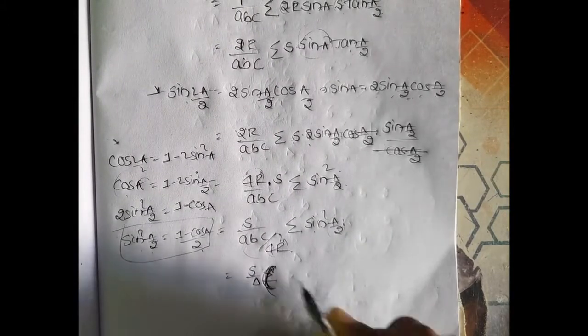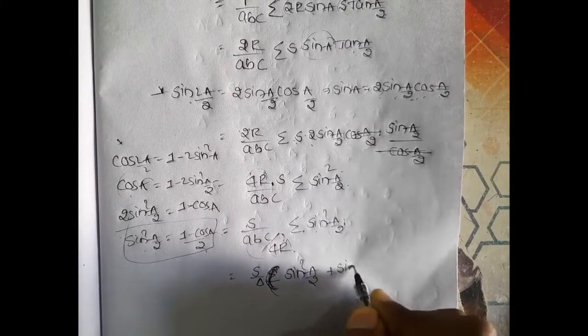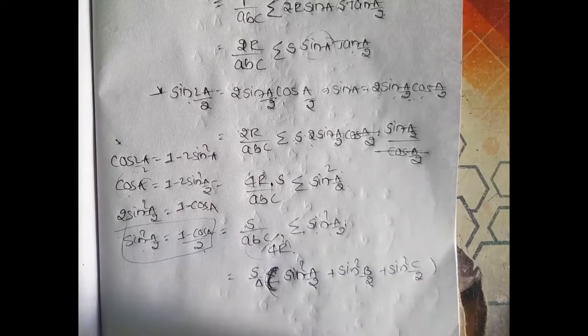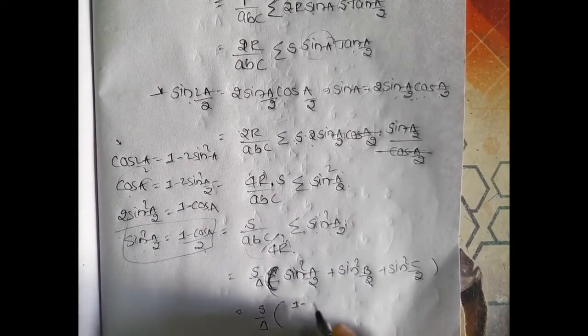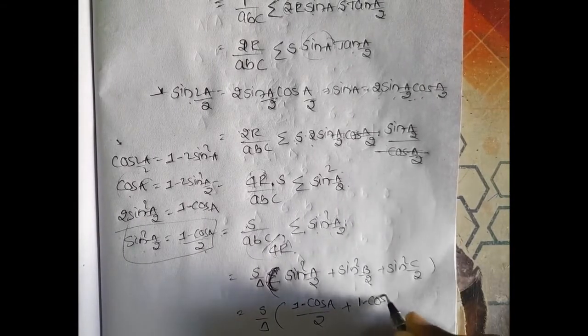So first removing the sigma. When we remove sigma, we will get sin square A by 2 plus sin square B by 2 plus sin square C by 2. Okay. So now s by delta, what is sin square A by 2? 1 minus cos A by 2. What is sin square B by 2? 1 minus cos B by 2.